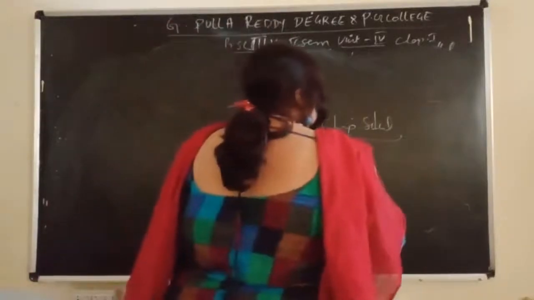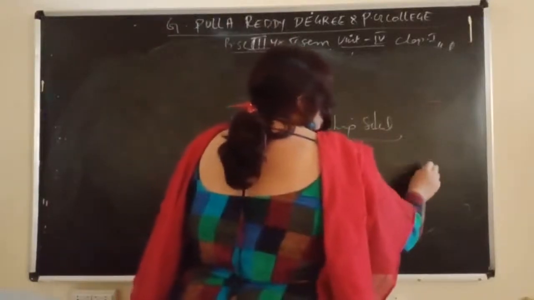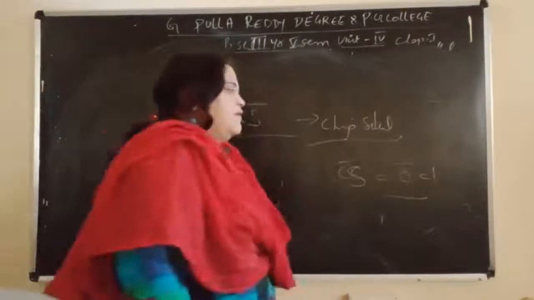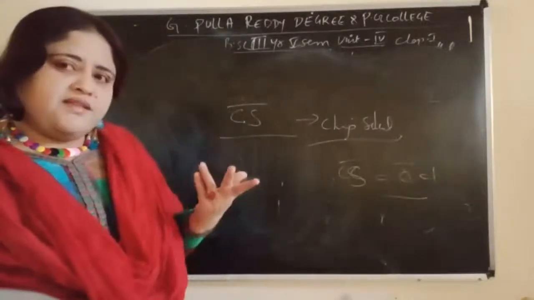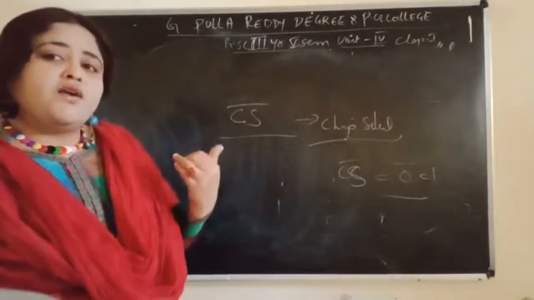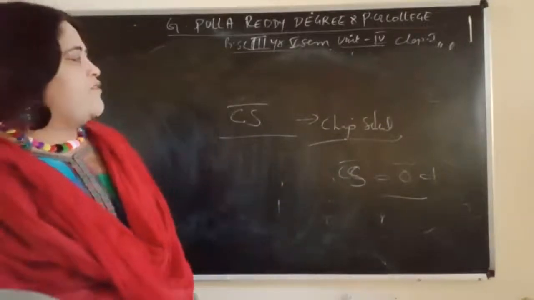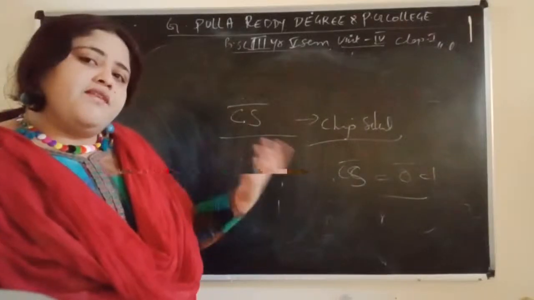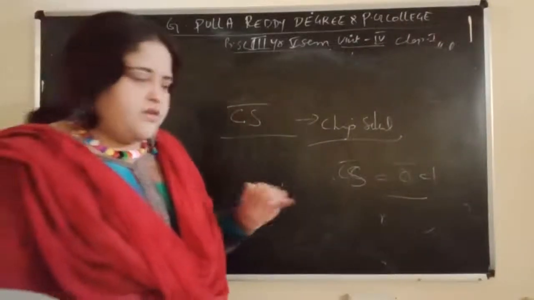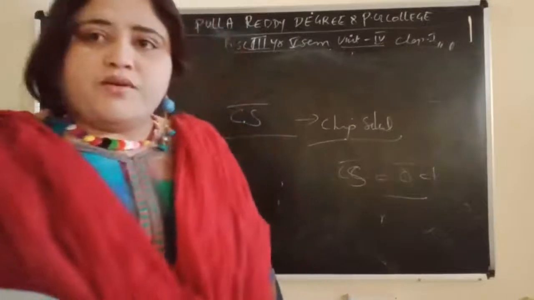If it is CS bar, the bar means inversion, so 0 will become 1. That means this chip is activated. So whenever you want to select 8255, you have to give 0. Then it will be activated. Now we have studied the pins.